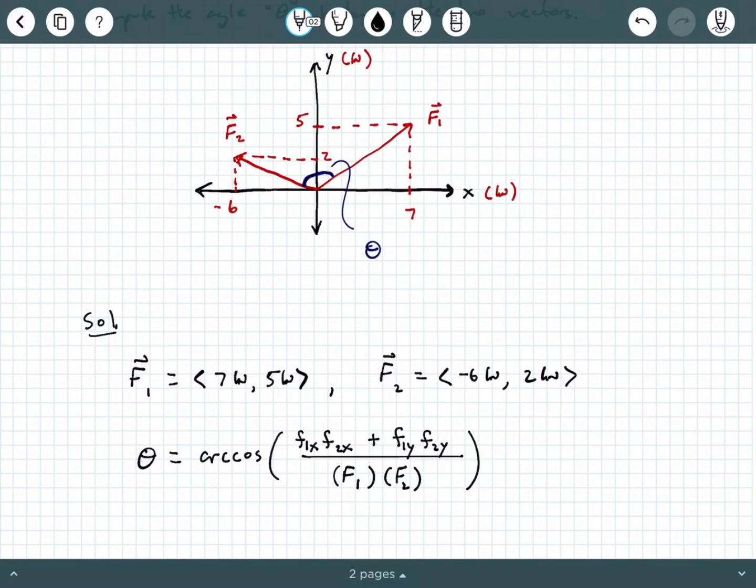We take the arc cosine of all of that. So again, we multiply the corresponding components together, and then we add all of those together as well.